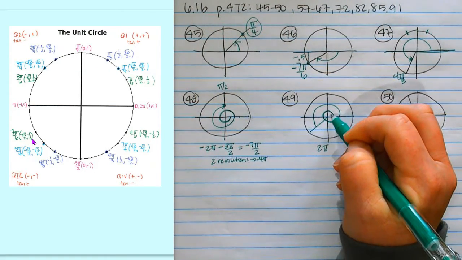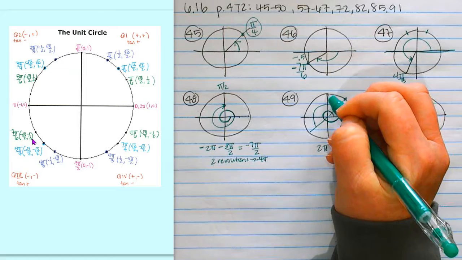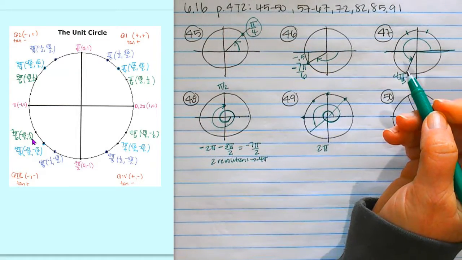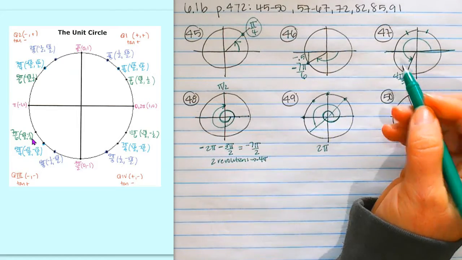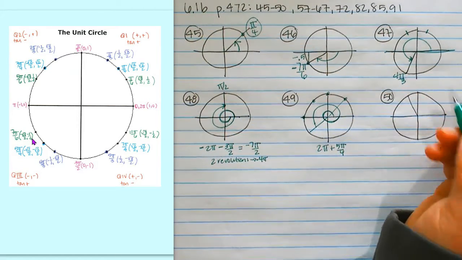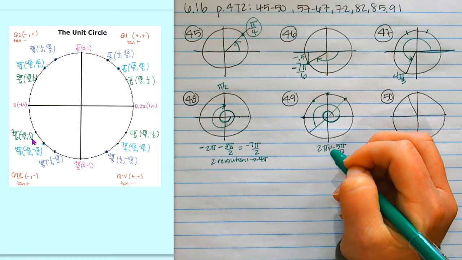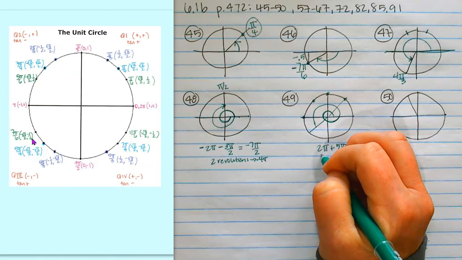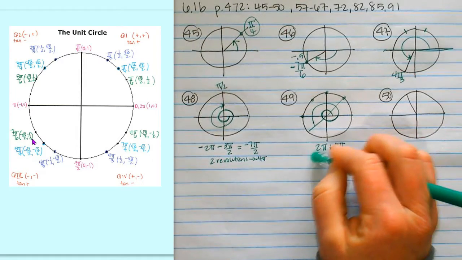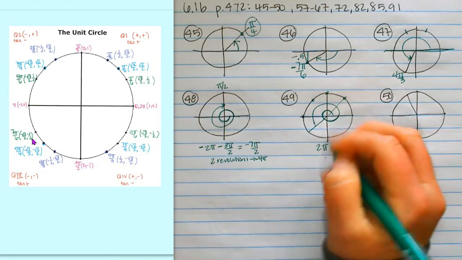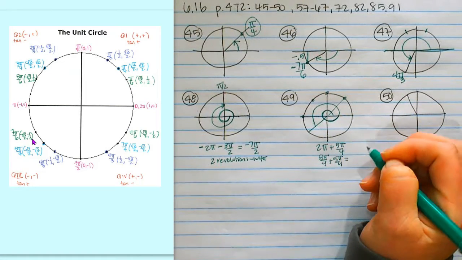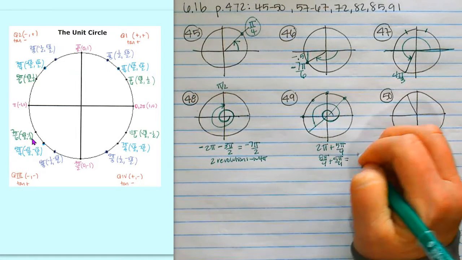Then we kept going, 1 pi over 4, 2 pi over 4, 3 pi over 4, 4 pi over 4 is pi, so that makes sense. And then this is 5 pi over 4. Then we add those together, so we have 2 pi is the same thing as 4 pi over, oh, we need it over 4. Silly me. 8 pi over 4 plus 5 pi over 4 is going to be 13 pi over 4.